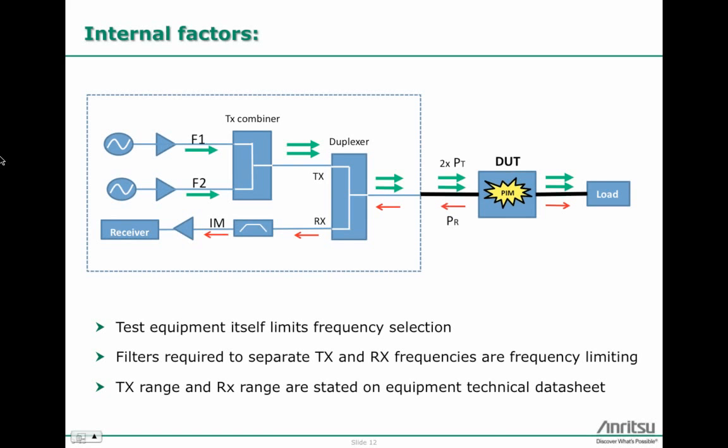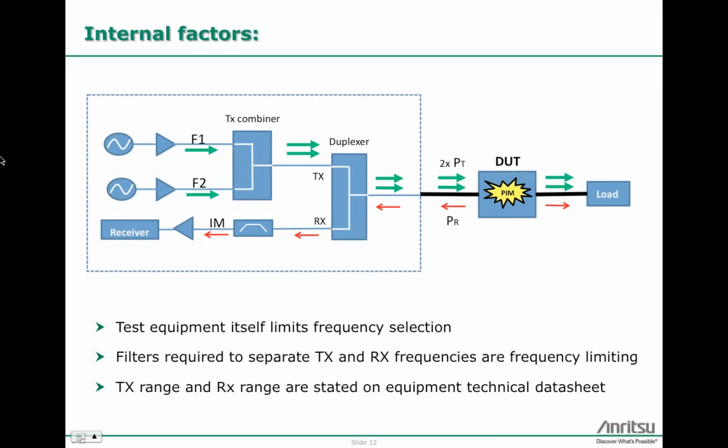We need to have a very high isolation duplexer because we're trying to measure a very low magnitude signal in the presence of very high magnitude signals. So the isolation has to be extremely high. We also are trying to keep the unit physically small, and the combination of keeping it small and requiring high isolation means that the front-end filter has to be designed for a specific band of transmit signals that will be allowed to pass, and a specific band of received signals that will be allowed to be received.